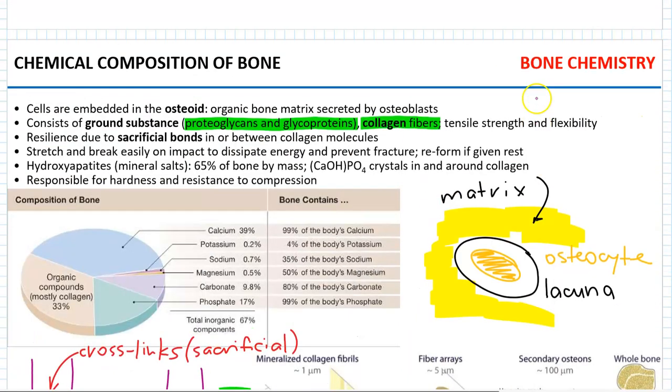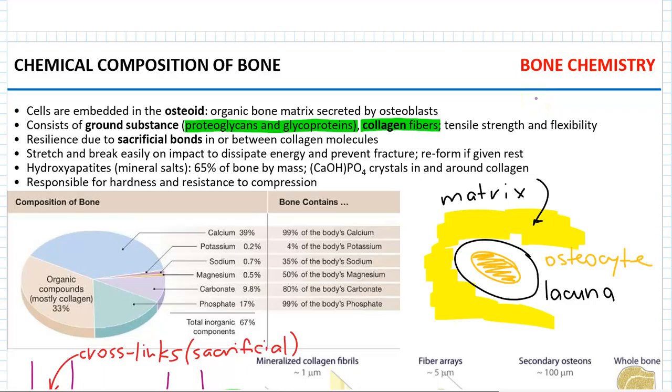Now, proteins are not terribly hard. So what gives the hardness to the bone? Calcium crystals around collagen. The strict chemical term for that salt is hydroxyapatite.